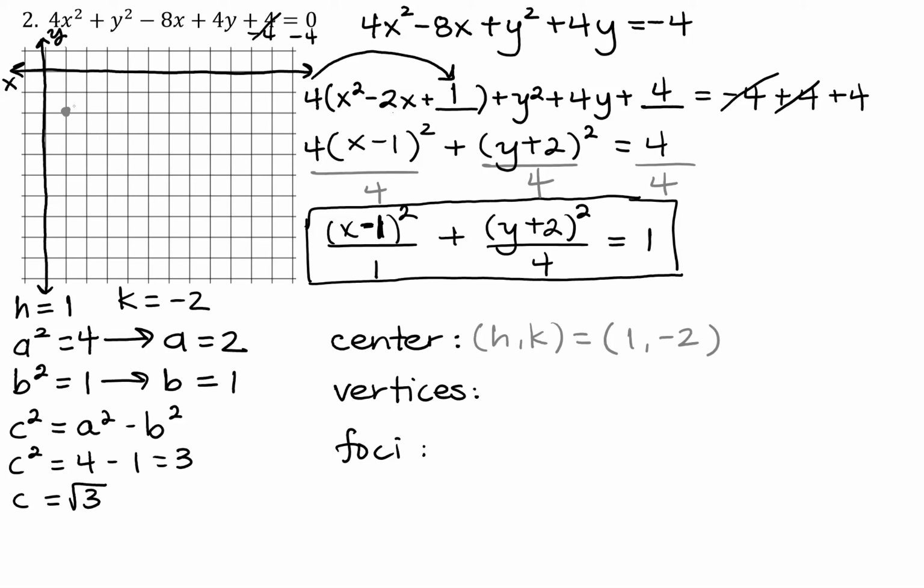The vertices of this ellipse are going to be a units above and below the center. So when I move a units above the center, a is equal to 2. We have one vertex right here at the point 1, 0. And when we move a units, so 2 units below the center, we have another vertex down here at the point 1, -4.